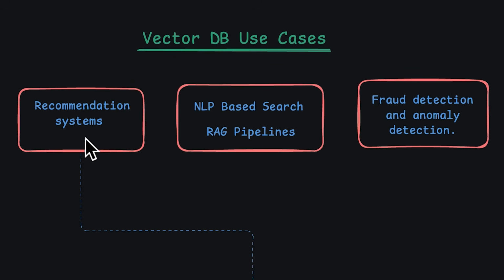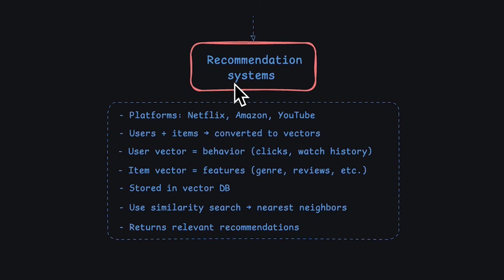Now, in this lecture, we'll go through how it is used to build recommendation systems. Vector databases are used to power these recommendation systems, which you might have seen in popular platforms like Netflix, Amazon, or YouTube. All those recommendation systems that you see on these platforms are actually powered by vector databases.